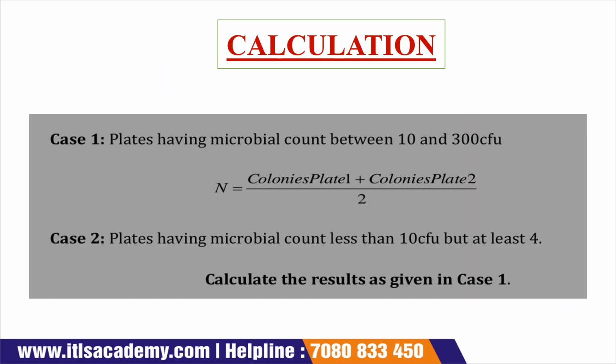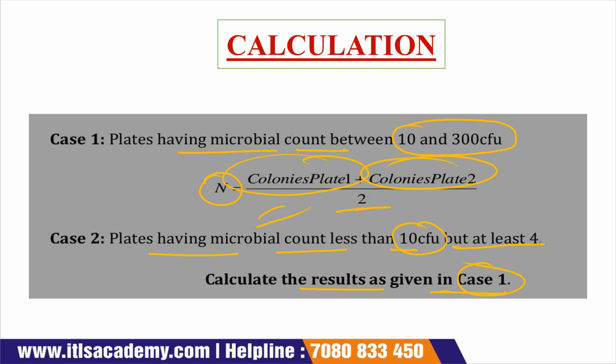Now calculation. For a plate having a microbial count between 10 to 300 CFU, in that case N is equal to colonies on plate 1 plus colonies on plate 2, divided by 2. For a plate having a microbial count less than 10 CFU but at least 4, calculate the result as given in case number 1.